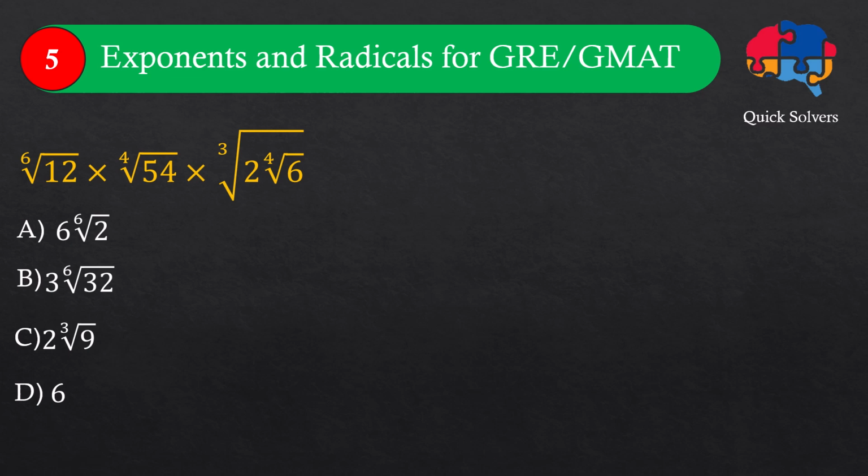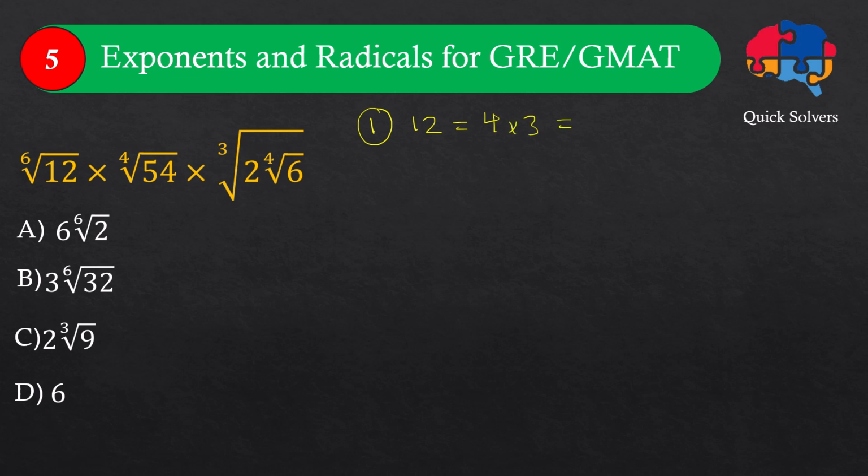To solve this question, we need to take 3 steps. The first step says that we need to decompose each term, each number here, like 12 here or 54 here, or 2 times the 4th root of 6 here, to the same factors. For example, I can write 12 as 4 times 3, okay?